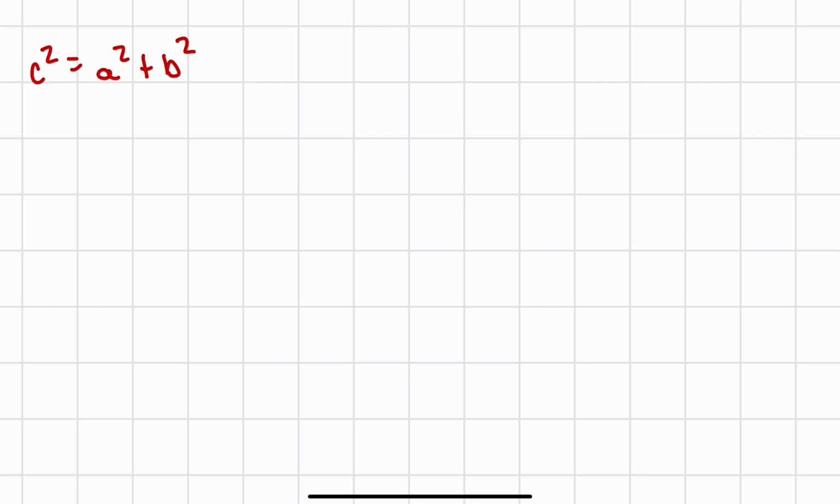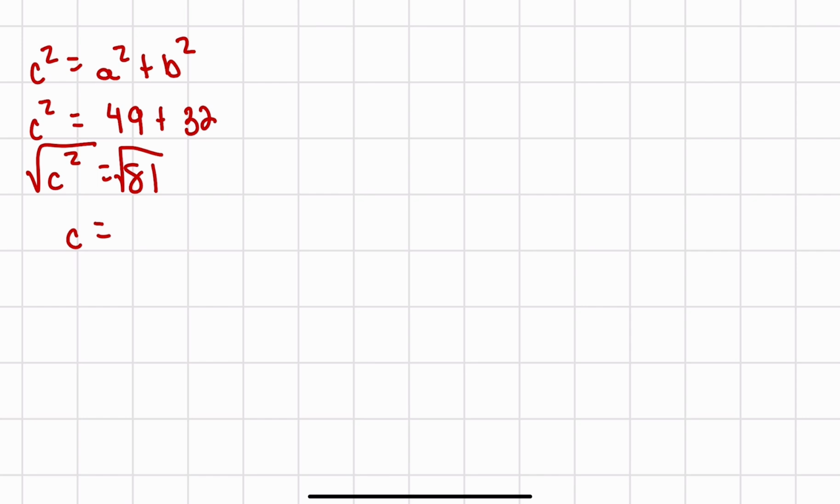So our goal here is to simplify this equation to get to c. Let's plug in our a squared and b squared. We know that this is 49 plus 32. C squared is equal to 81. Let's take the square root to solve for c. So c is equal to 9.